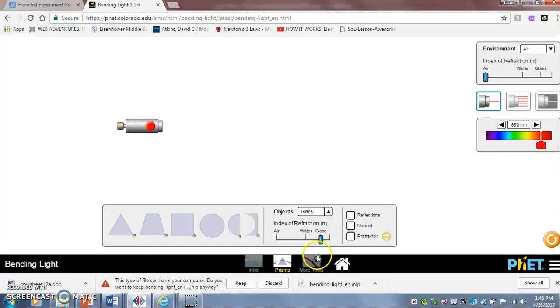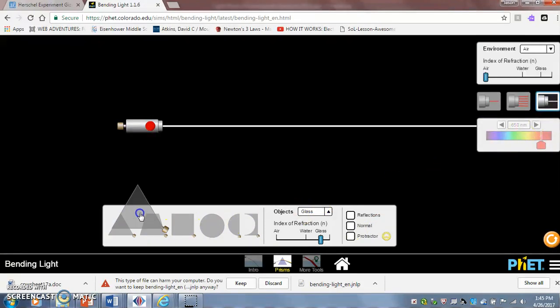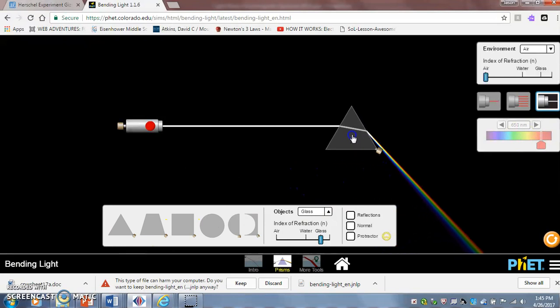This is our laser beam, and we're going to use the white light and a prism. When you see the prism there, you notice that the light bends. As it travels through the glass prism, it bends there. And the blues bend a lot more than the reds. The reason for that is it's all about the frequency and the wavelength.